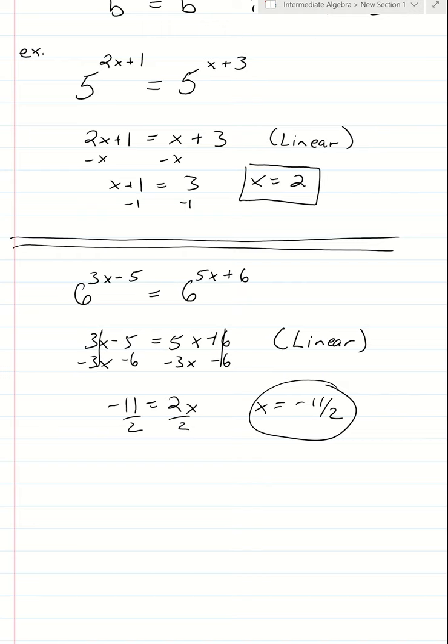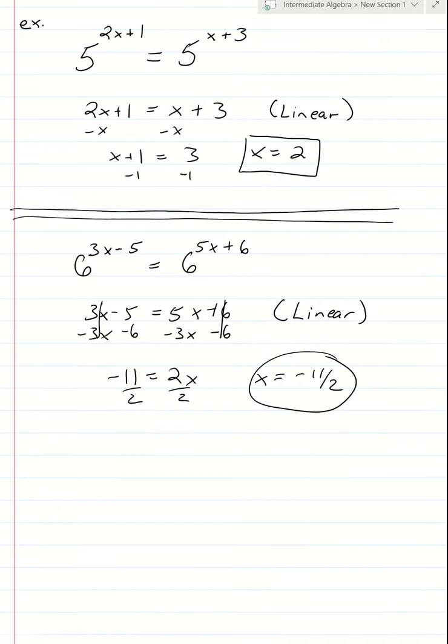Now, those were relatively easy, because the bases right off the bat were in fact the same number. We had a base 5 here, we had a base 5 on the right side as well. On the left side we had base 6, on the right side we also had base 6. That's the way we like it.